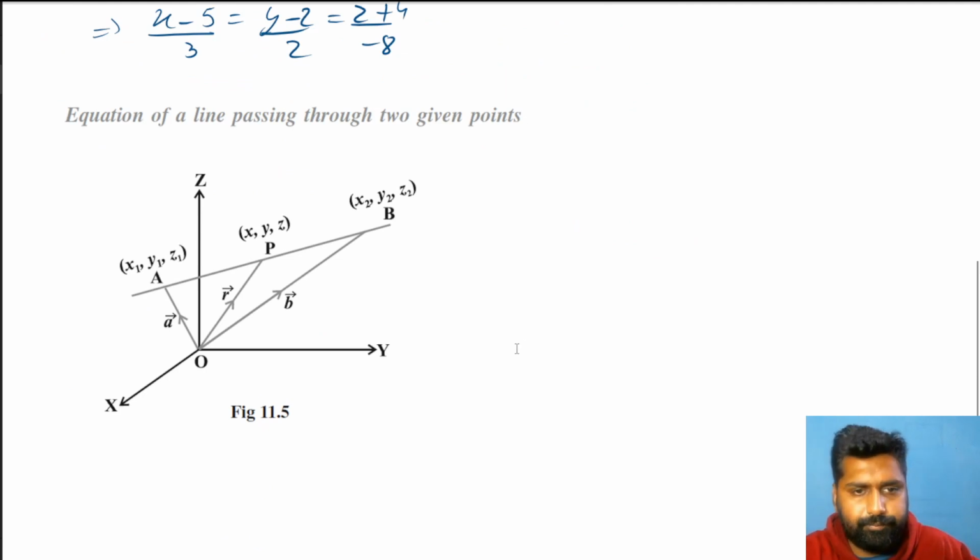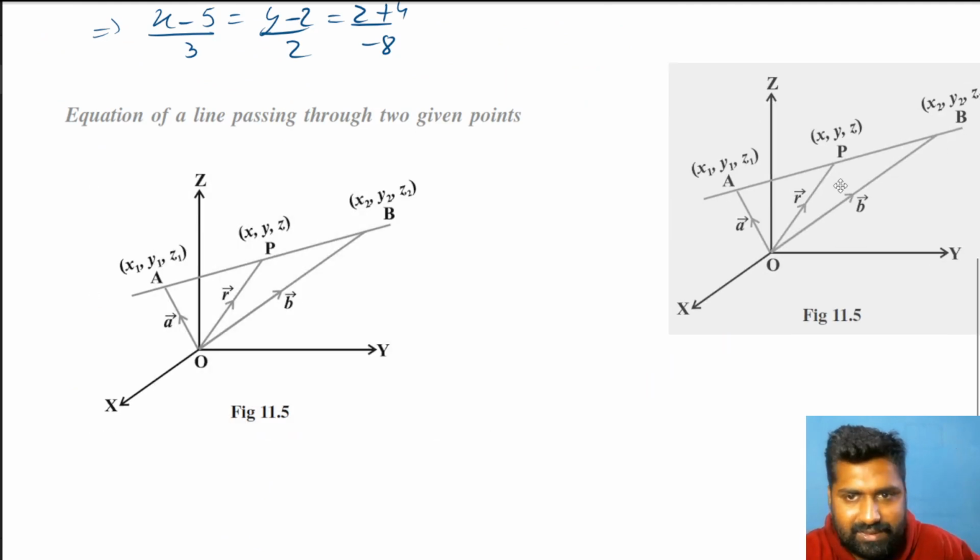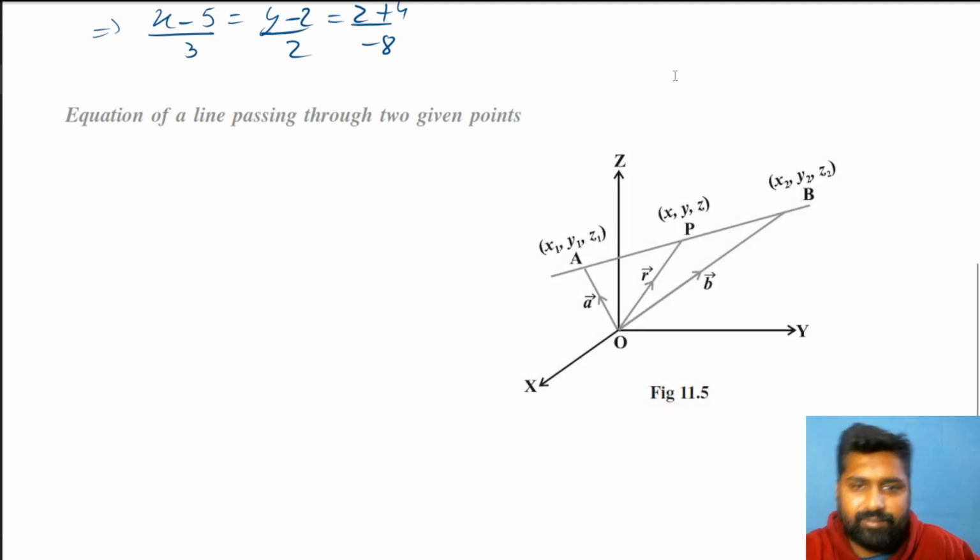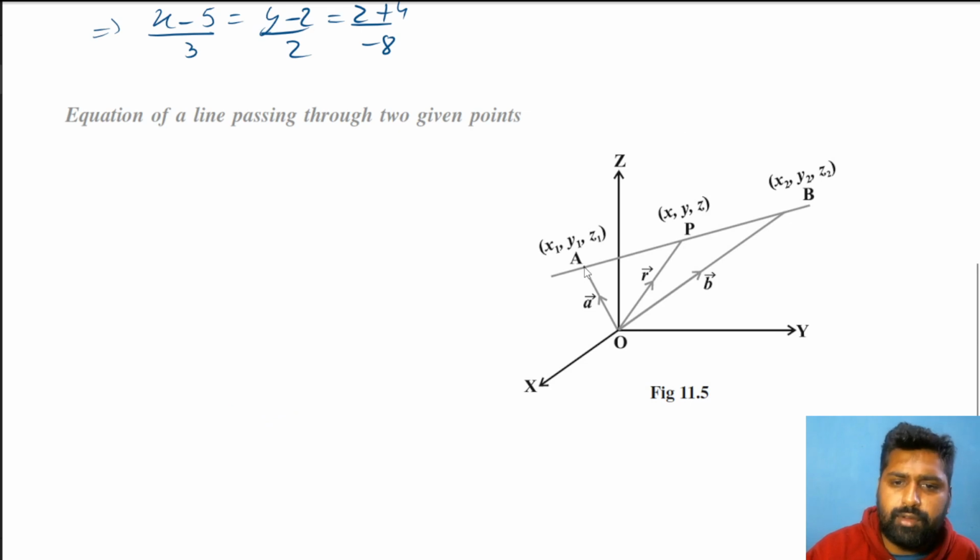All right. Again, the notation has some problem in it. This time B has a different meaning. Again, I'll try to simplify this. This time you have 2 points, A point and B point, and you have to write the equation of a line passing through these 2 points.